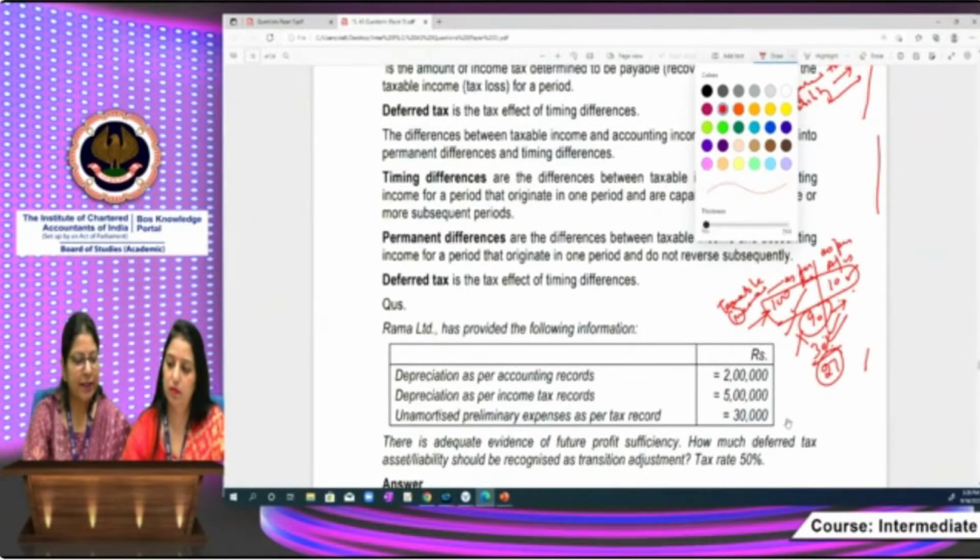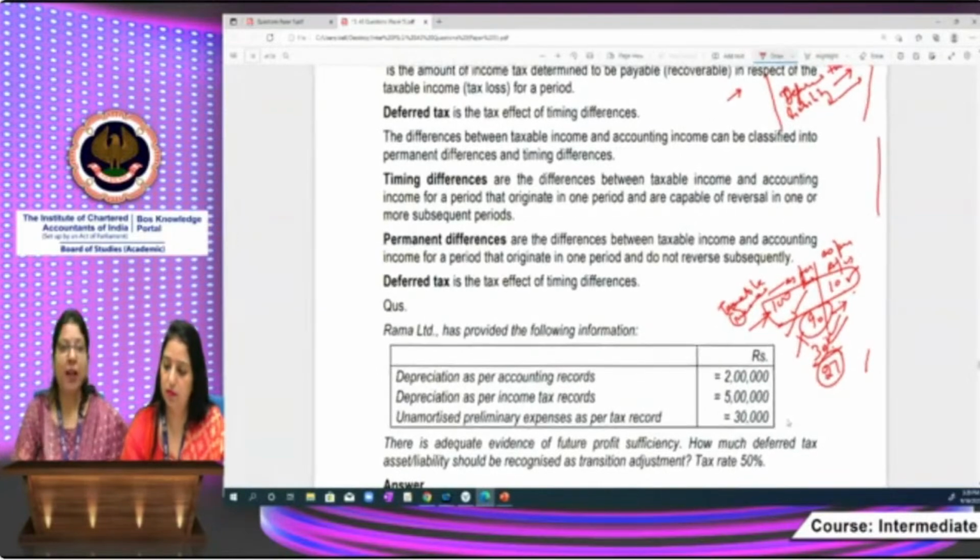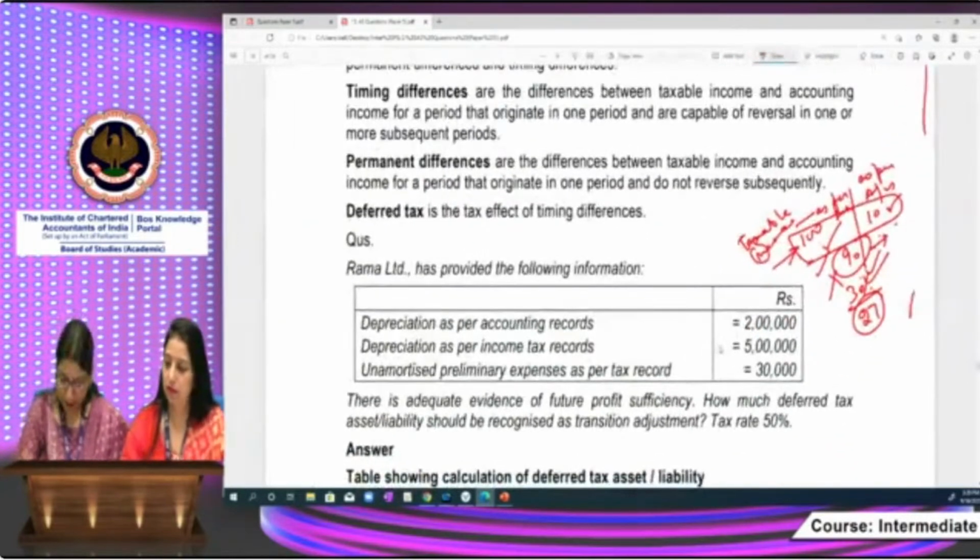So in this case, the difference of rupees 3 lakh is there, where we are having 50% of rupees 3 lakh. So deferred tax liability will be created for the same amount.